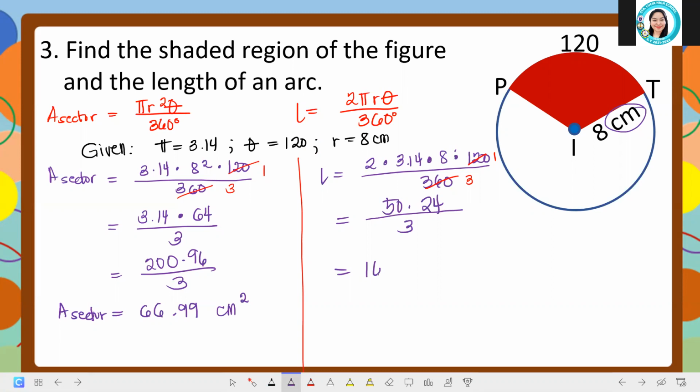We have 16.75. And that is the length. 16.75 cm. So, gaano to kahaba? That's 16.75 cm. Okay? While yung area, yung buo, yung measure nitong region na to is 66.99 cm squared.